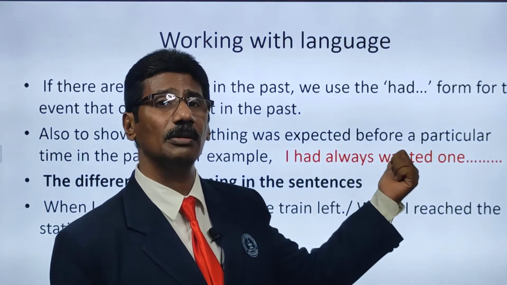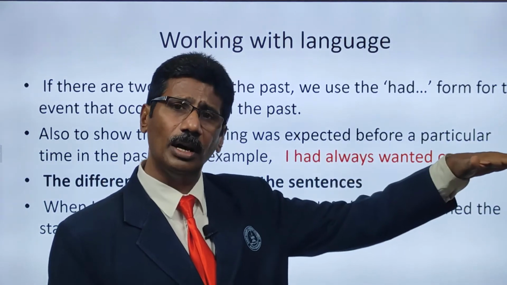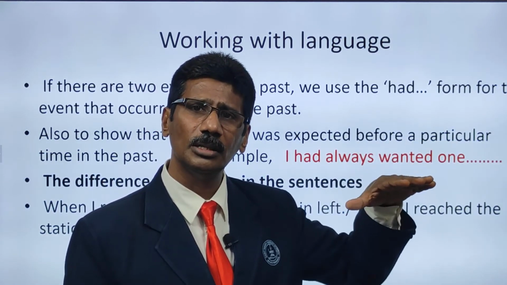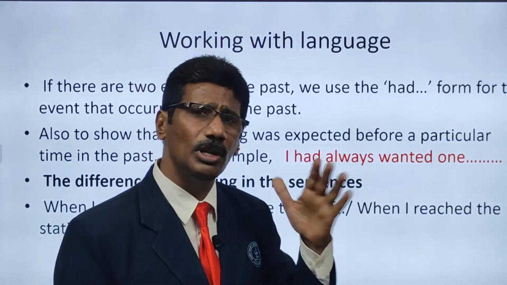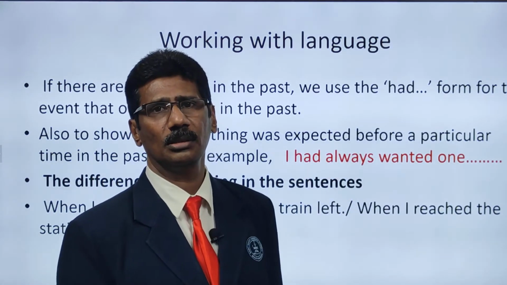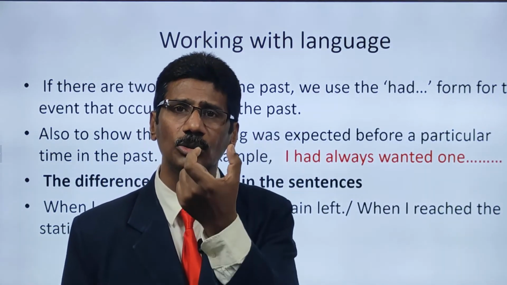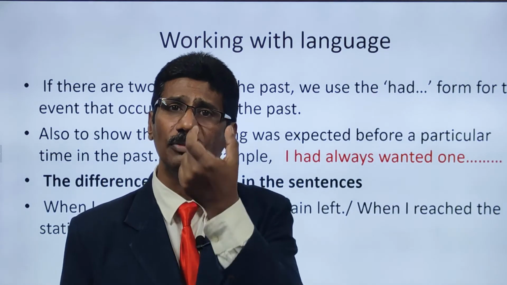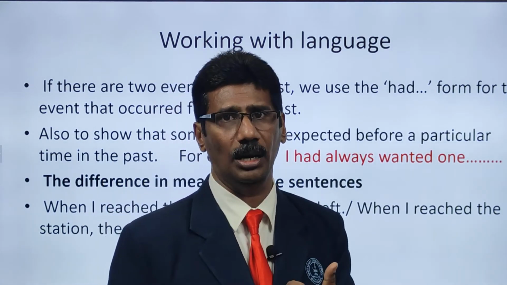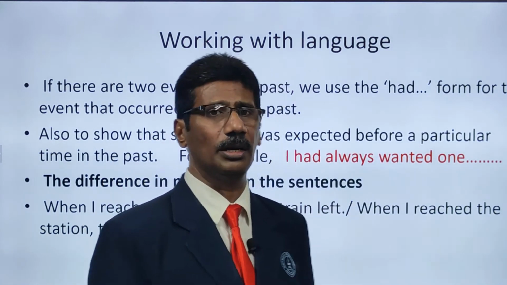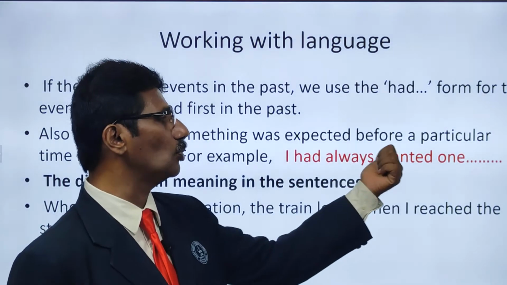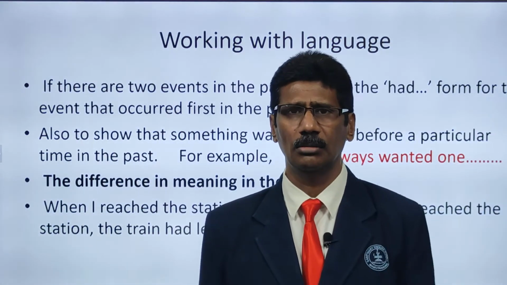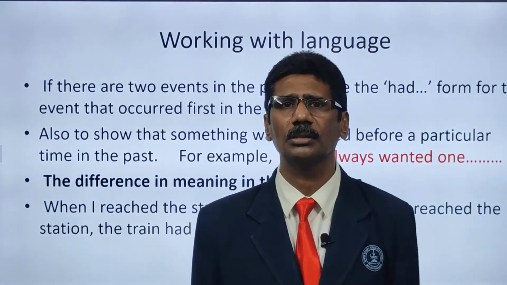So beautifully it gives the sense that in the past I was like this. Simply using a past tense will not give this sense. That is why you must know where to use this tense. So whenever you want to express a wish which was not completed in the past, we use I had always wanted one, followed by the object or whatever it is.